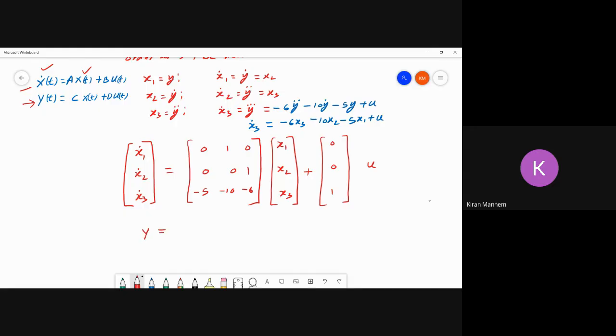So y is equal to 1, 0, 0 times the state variables x1, x2, and x3. So this is about the first state representation of your phase variables.